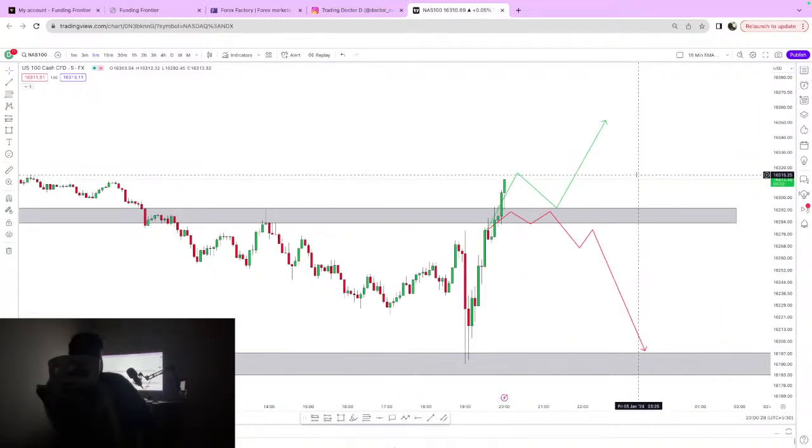So it is breaking out. Let's see if we have a retest and we get any entry.